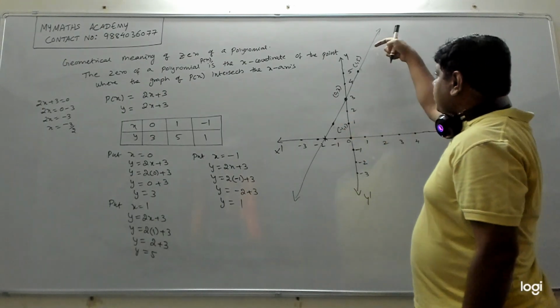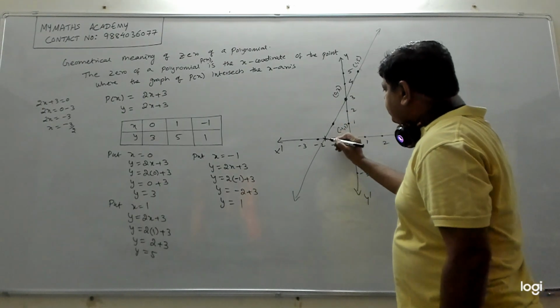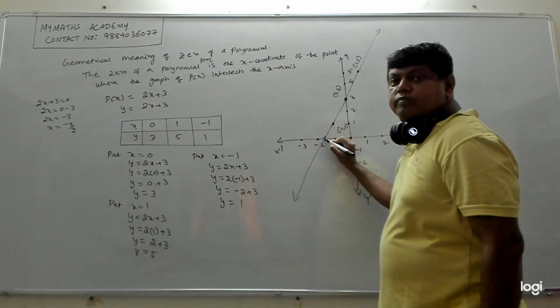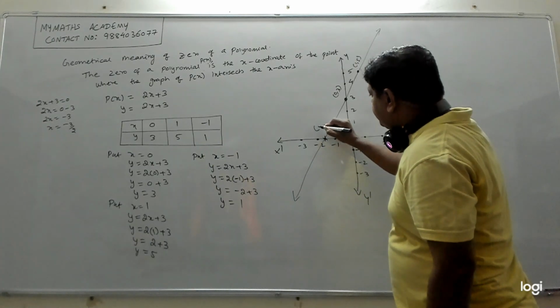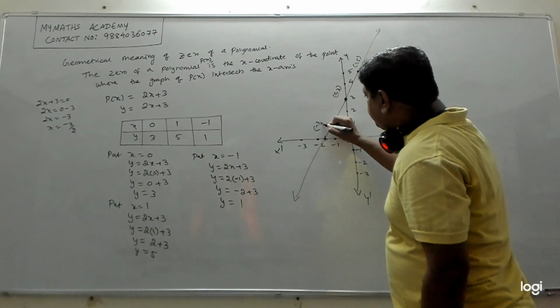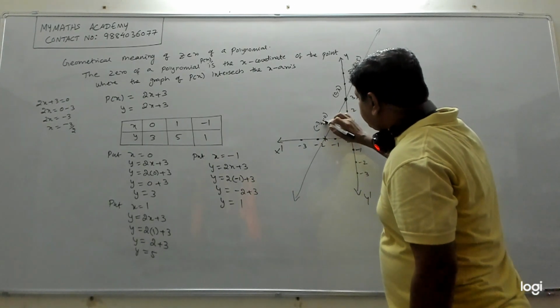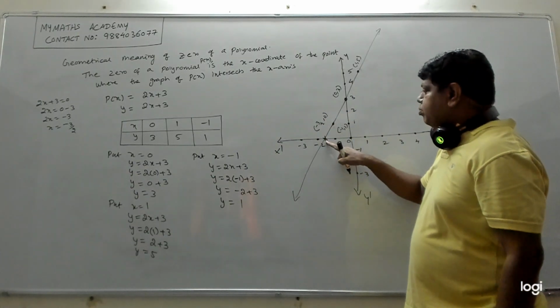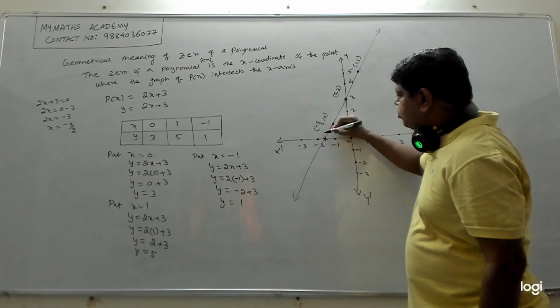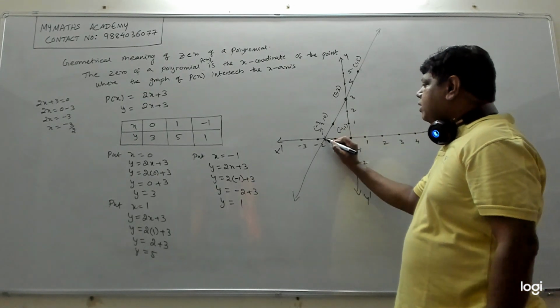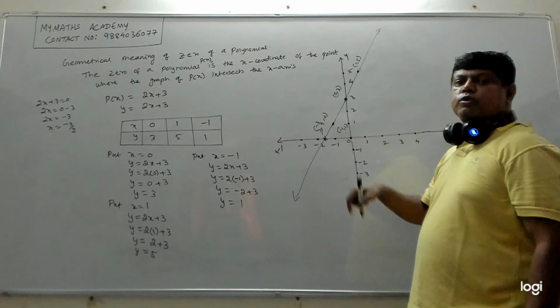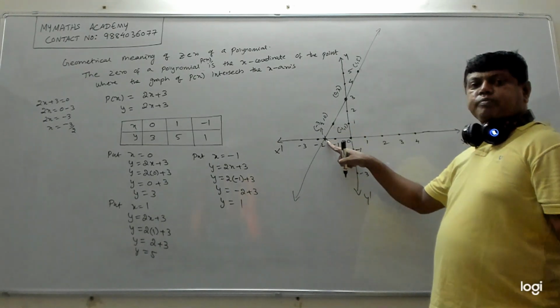What is the coordinate of this point? If you see in your graph sheet where this is cutting, you will see that it is cutting at the point minus 3 by 2 comma 0.